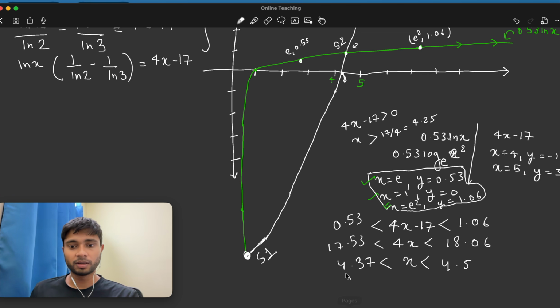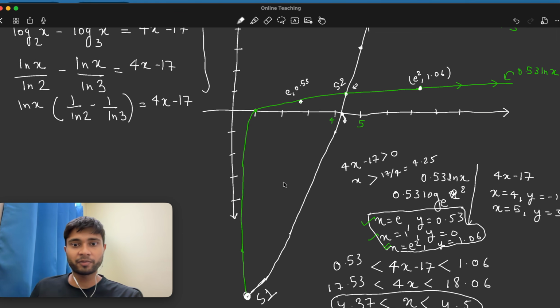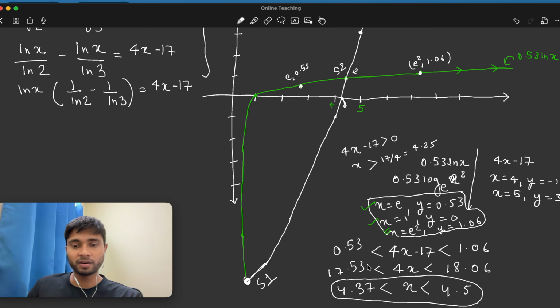This is beautiful. See how close we are. Initially I thought the solution is between 4 and 5, then we figured out the solution is definitely more than 4.25. Now with this approximation that y should lie between 0.53 and 1.06, I can say x should be greater than 4.37 and lesser than 4.5.